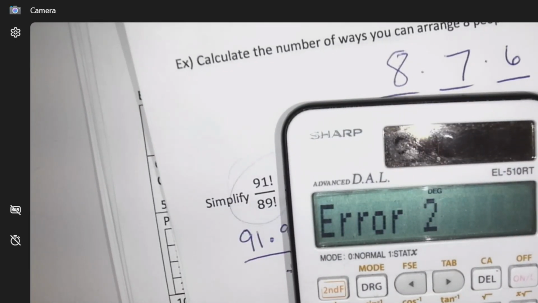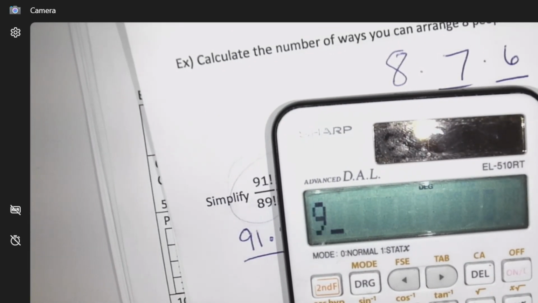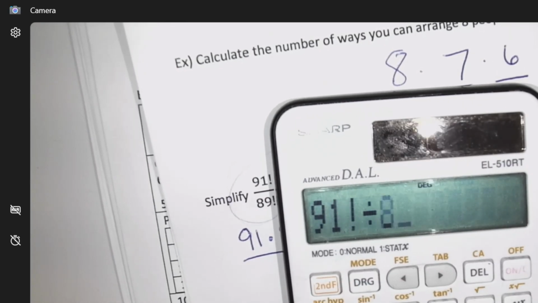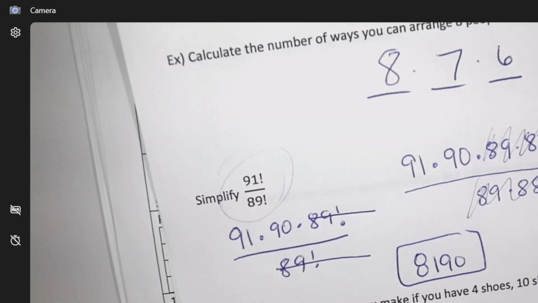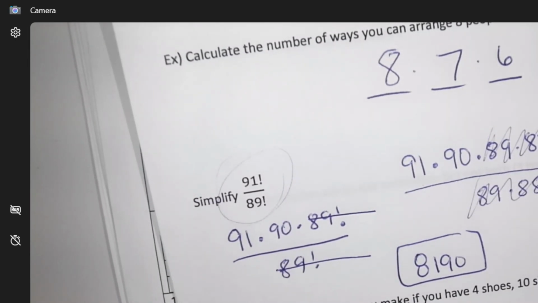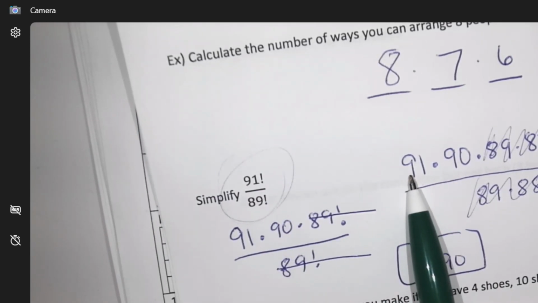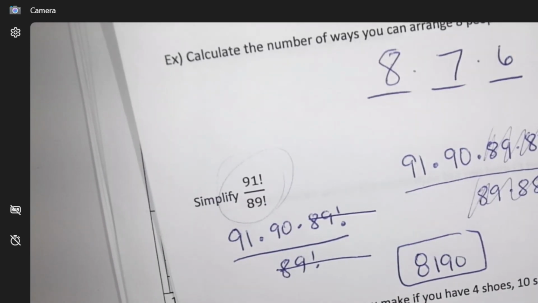Okay, so here's me trying to type that into my calculator, 91 factorial divided by 89 factorial. Okay, why doesn't my calculator do it? It's just too big. Your calculator can't handle that number. Can you imagine 91 times 90 times 89 times 88, like how big that number would be? It's massive.